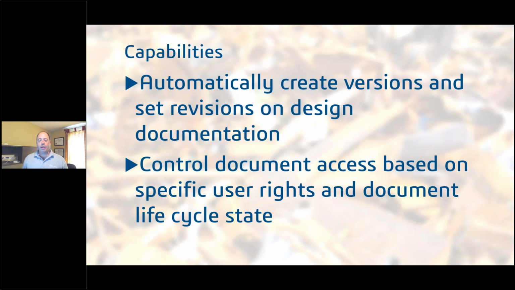You can also control access to those documents based on user rights and the life cycle state. If it's a product that's in design and in progress, and hasn't been approved yet, people in manufacturing won't even get to see it. Only when the document is approved for fabrication does someone on the shop floor get a notification that says, hey, we're now ready to start manufacturing this file.